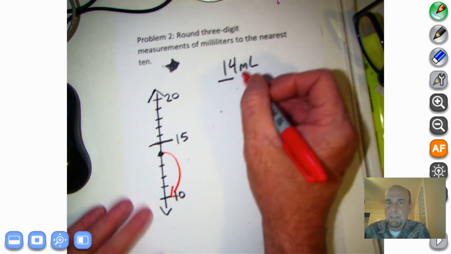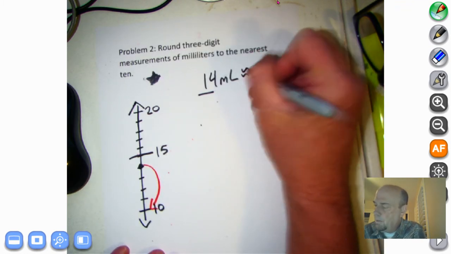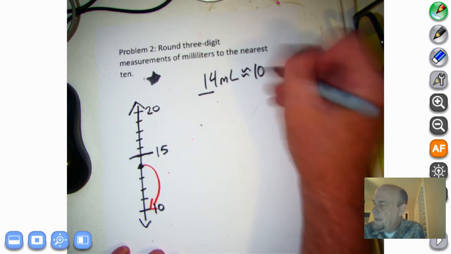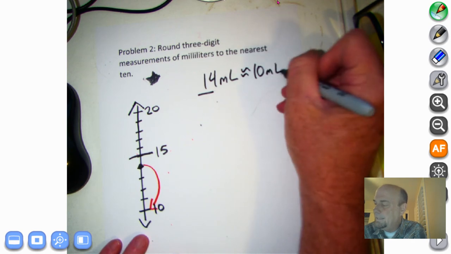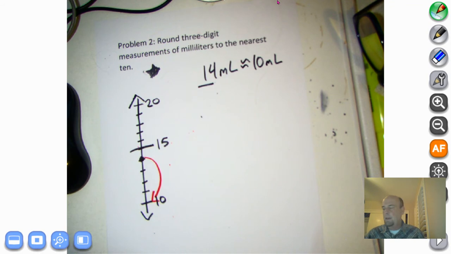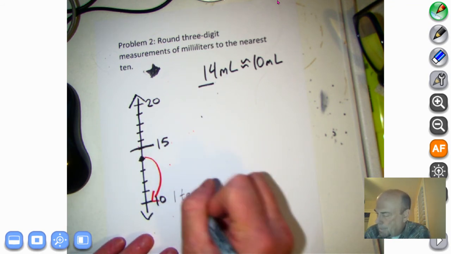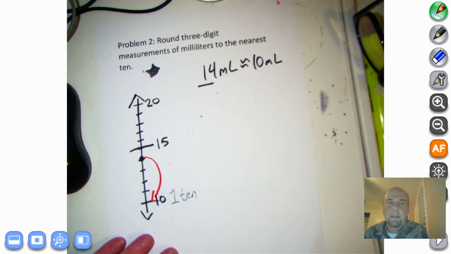So 14 milliliters, round it to the nearest 10, would be 10 milliliters. And let's think about this a little more. And of course, we are copycats, so we're writing this down. Think about this. This is 1 10. Hi, everybody. I'm 1 10.